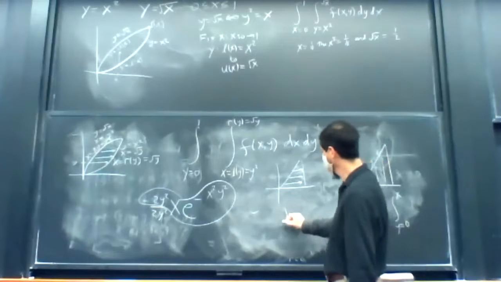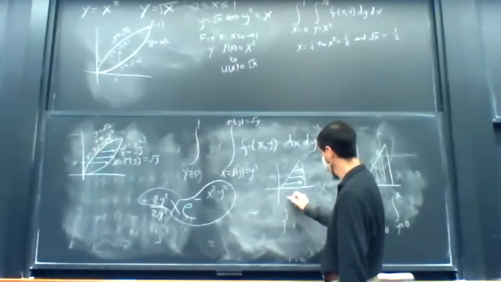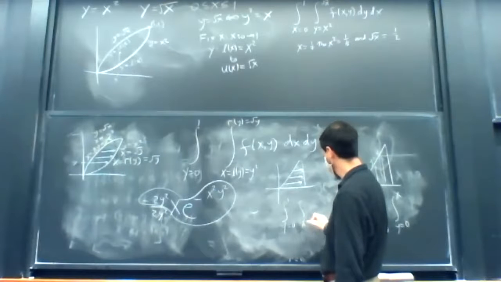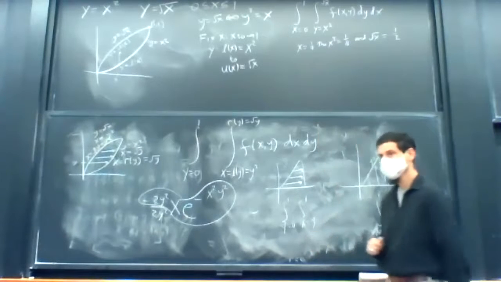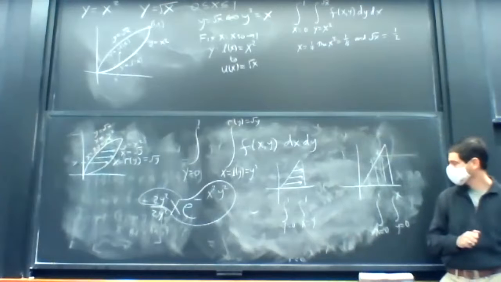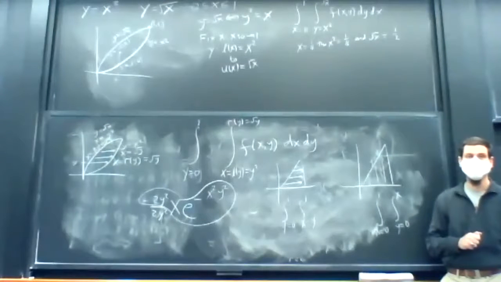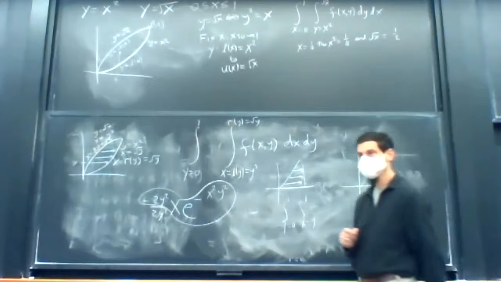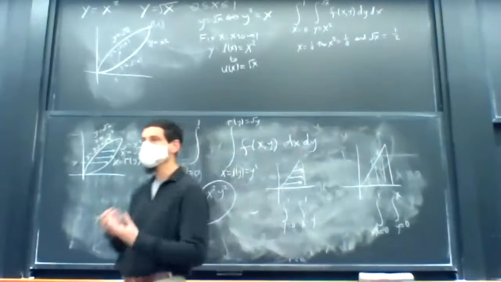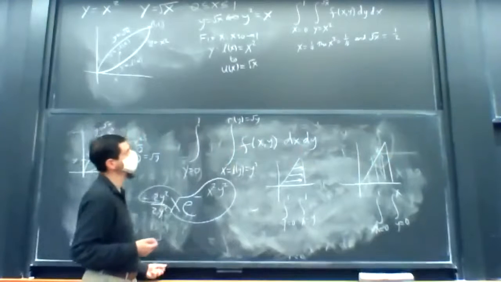And if I do it this way, then y goes from 0 to 1, and then x goes from y to 1. So depending on how I do it, I'm going to have slightly different bounds of integration. And depending on which problem you do, sometimes one way is easier than the other.